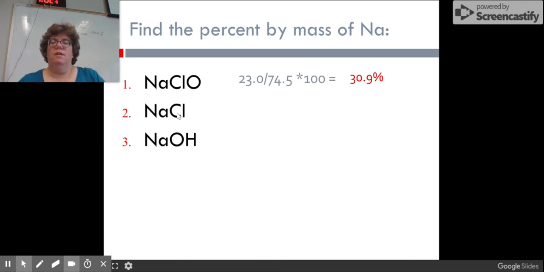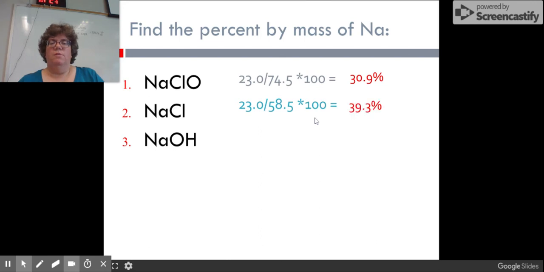Before I move on, do you think the sodium percent will be higher or lower in this one? Have the sodium, have the chlorine. This one's just missing the oxygen. What do you think? All right, let's find out. So the sodium is 23 grams, sorry, the whole compound is 58.5 grams.